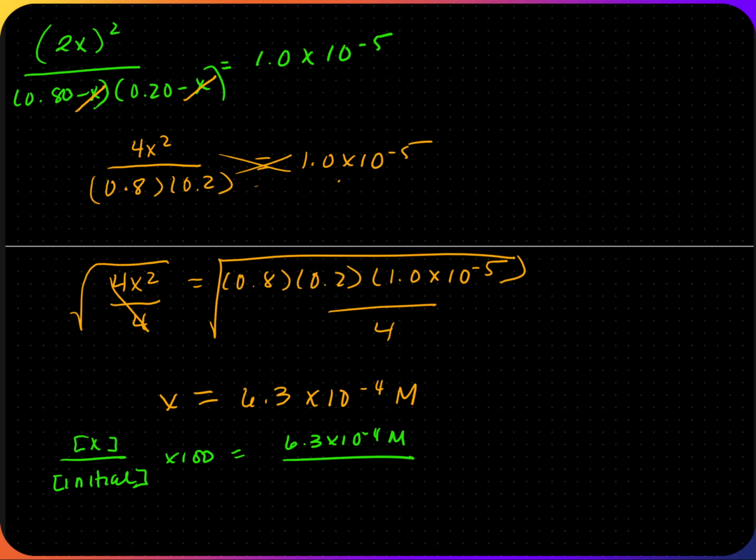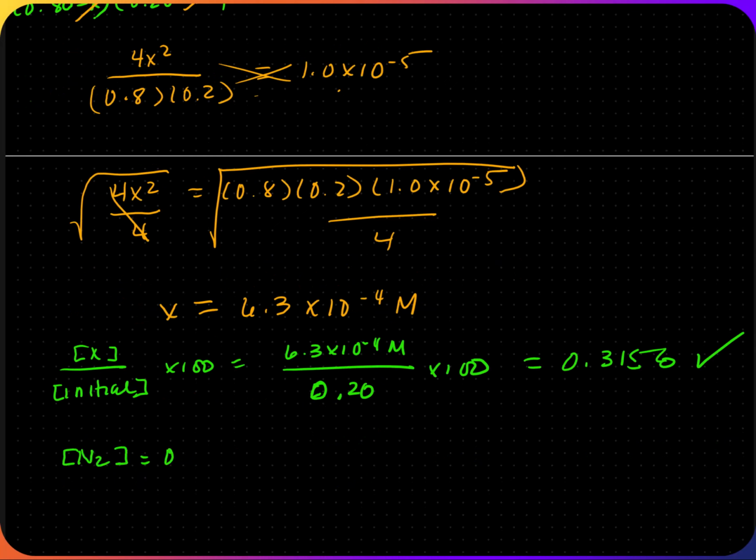So the initial concentration we want to check is the smaller one, because if it's valid for the smaller concentration, it will be valid for the larger concentration. Times 100, this equals 0.315%. So this is valid. It is less than 5%.